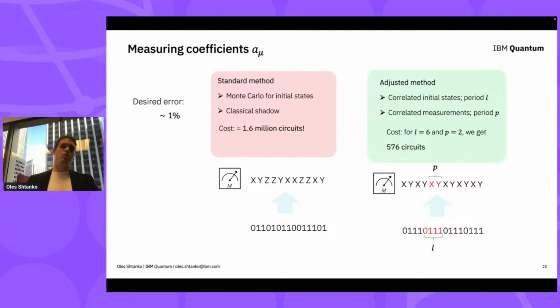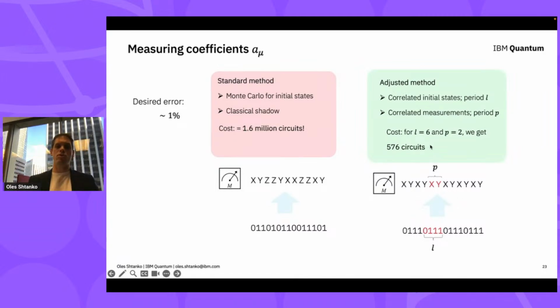Another contribution of our work is that we reduce this number by taking into account that the operators which we measure at the end are local. They are not spread across the system. So this is one benefit. And second, we know the dynamics is slow, so it doesn't spread operators too much. So instead of sampling random bit strings and measuring random Pauli operators at the end, we input correlated strings, with correlation length, say 4, as shown here, and measure locally correlated Pauli operators at the end.